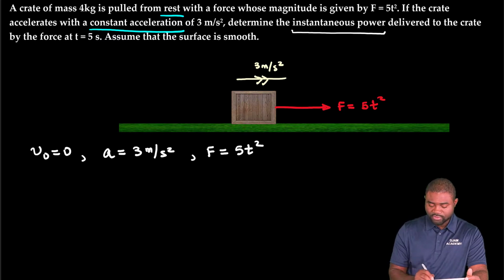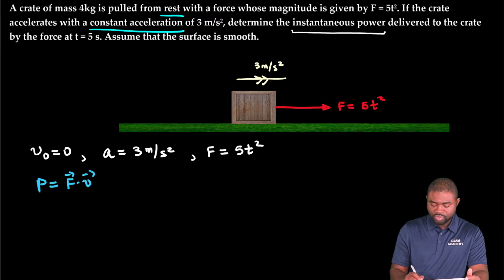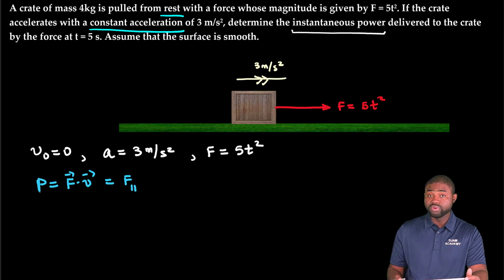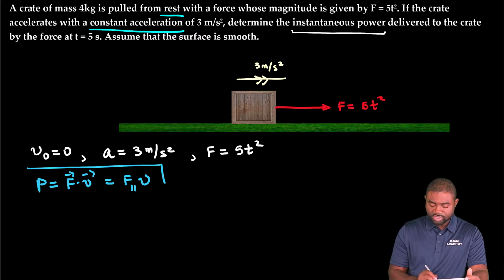Now, first of all, the instantaneous power P is simply defined as F dot V, which is equal to the force parallel to the direction of motion, or the force tangent to the path of motion multiplied by the velocity v. That is our definition.